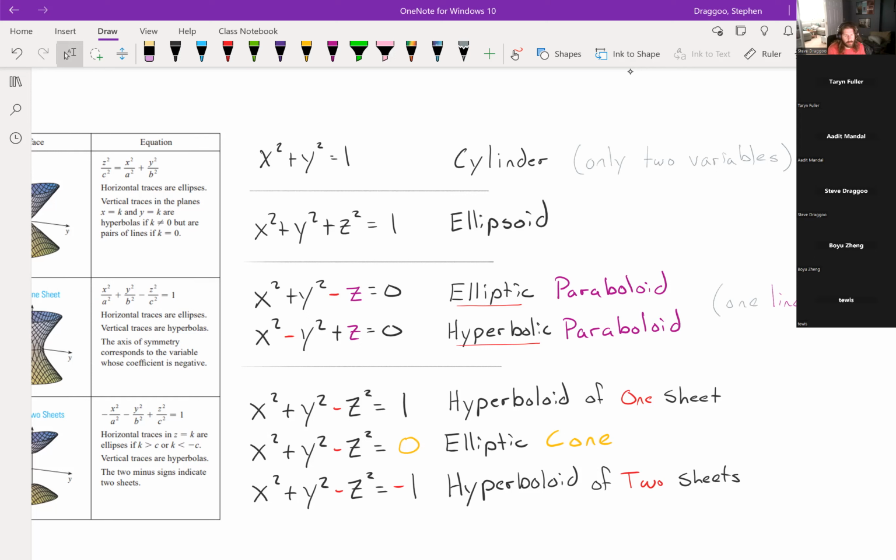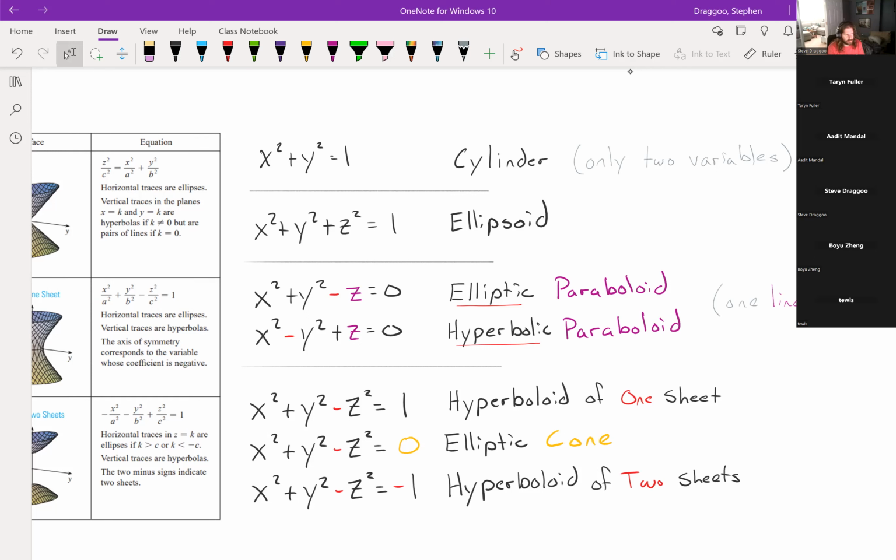The next category brings us into the paraboloids. And this one is also, I think, fairly easy to identify because it's the only quadratic surface that we're going to look at that contains a linear term, meaning one of our 3 variables has a power of 1 instead of a power of 2. So think like y equals x squared.